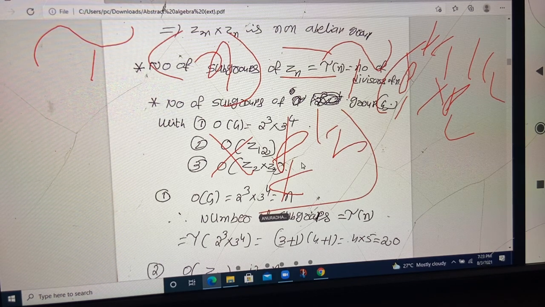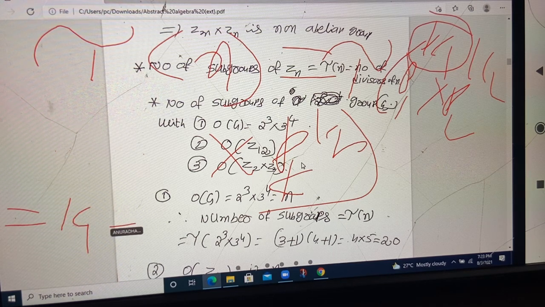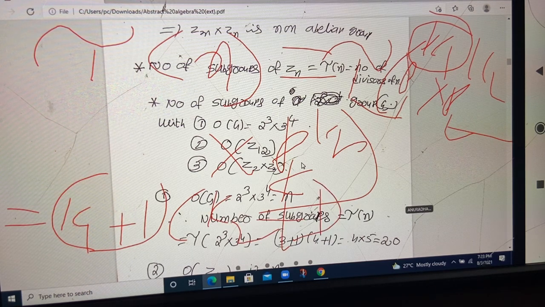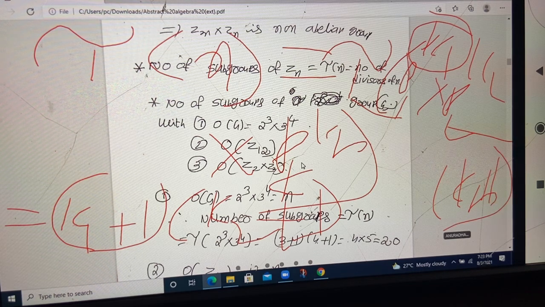What are p1, p2, and so on? They are all primes. Then tau(n) is equal to (k1 plus 1) times (k2 plus 1) and so on up to (kr plus 1).